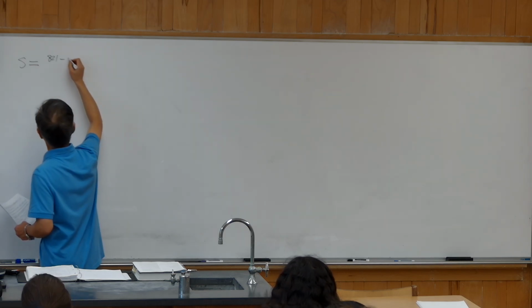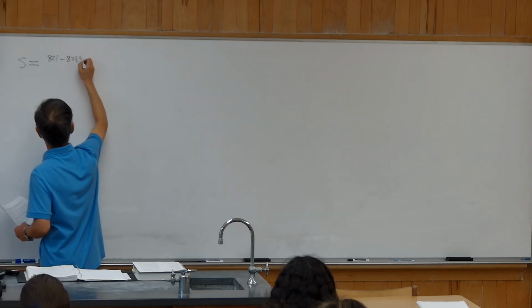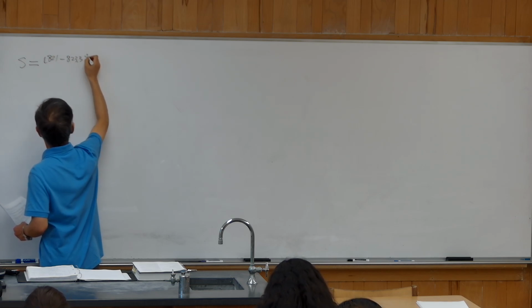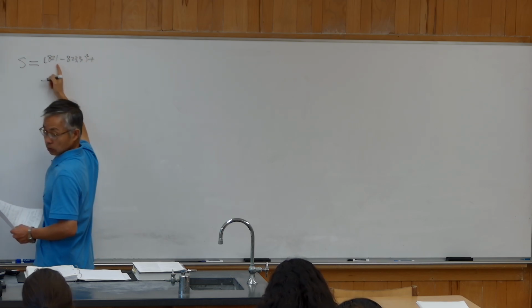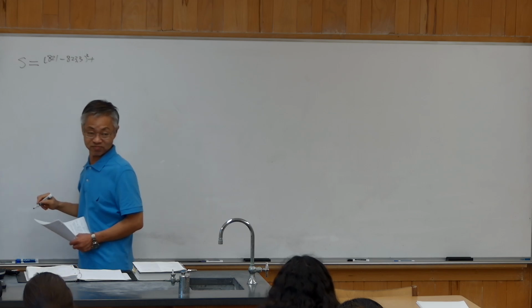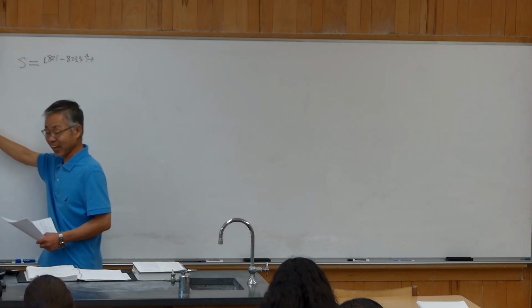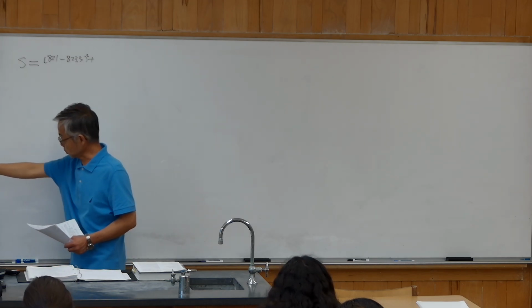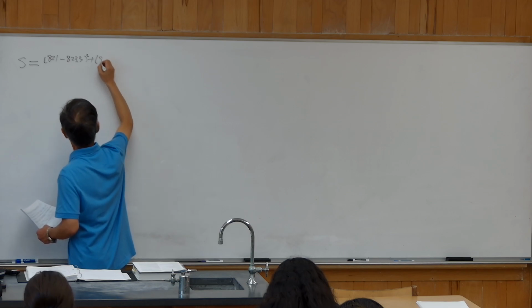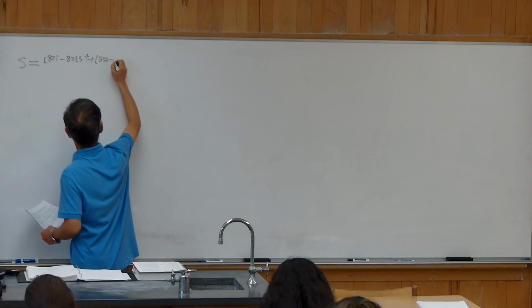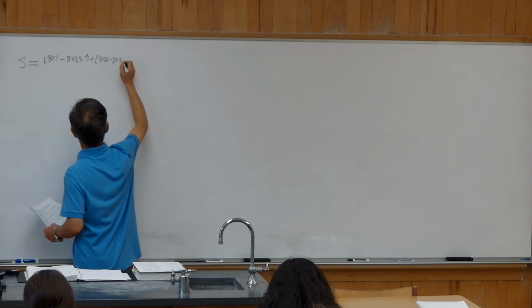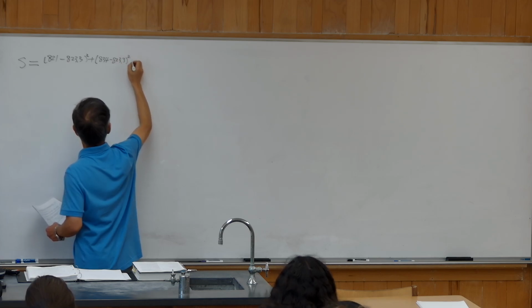Average is 823.3. The first term. This sigma means add them together. So we need to use the second: 834 minus average 823.3 squared again.